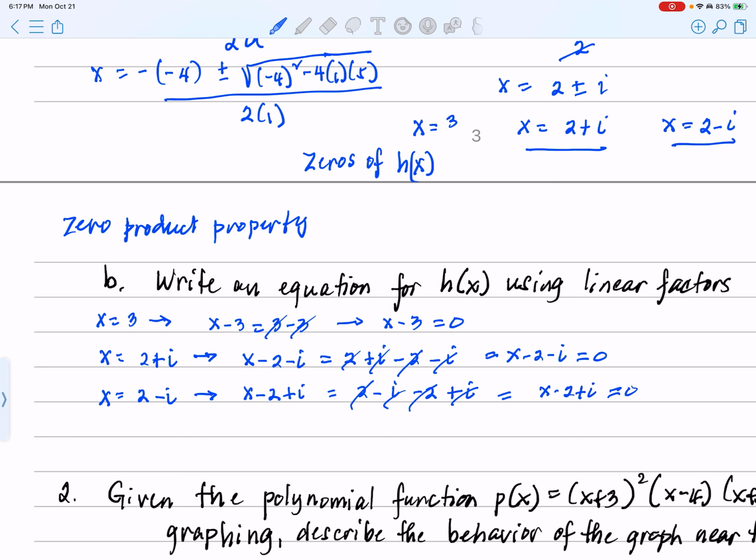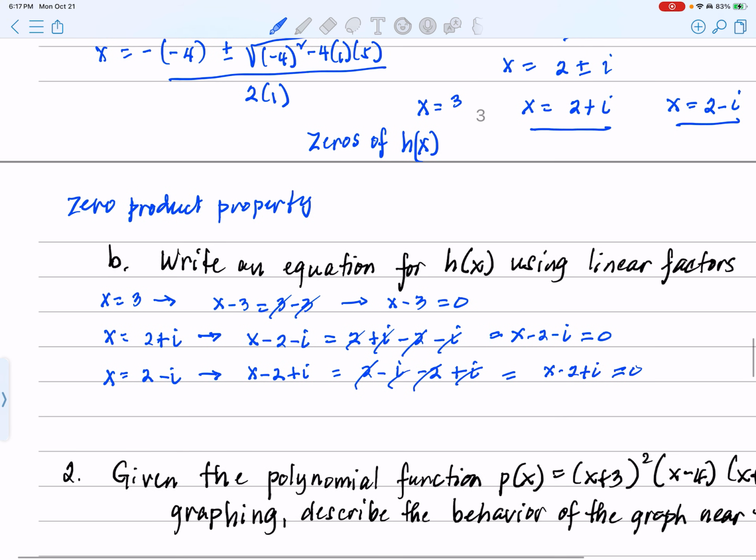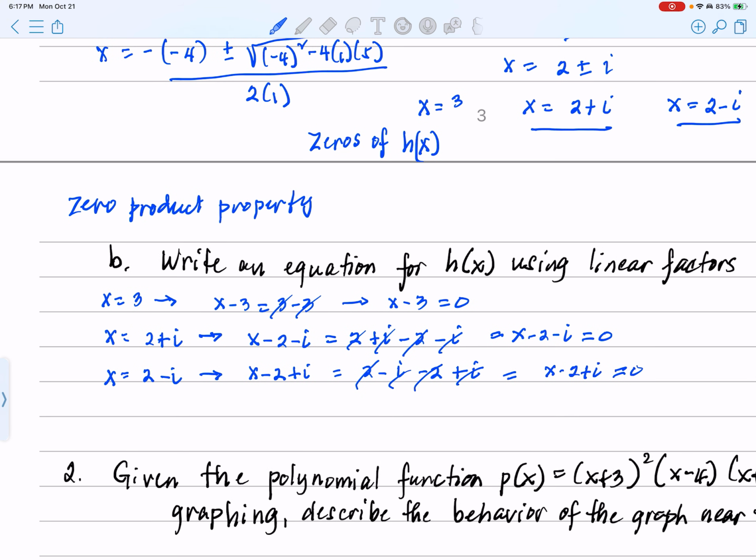So you have the zeros now. So what will be your equation of h of x using the linear factors? Okay, so we have the first one, which equates to 0, is x minus 0. The second one is x minus 2 minus i.